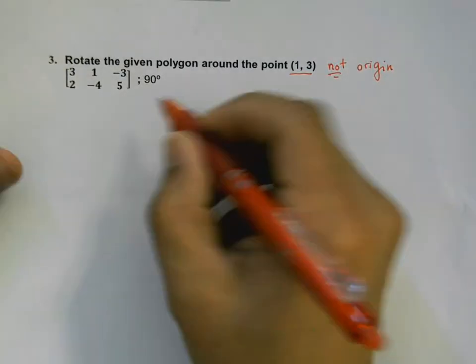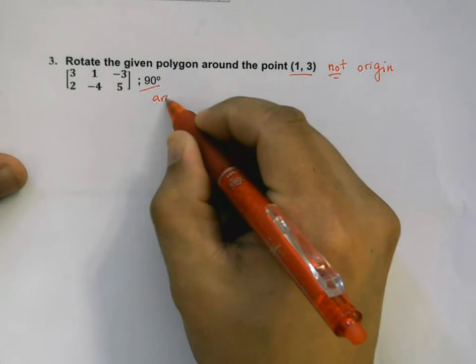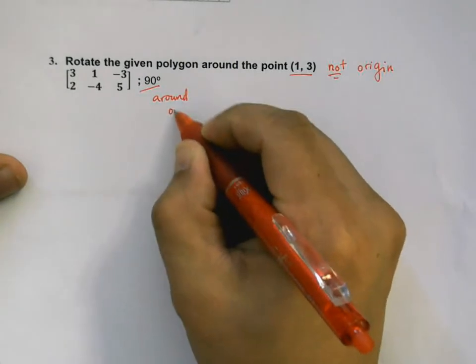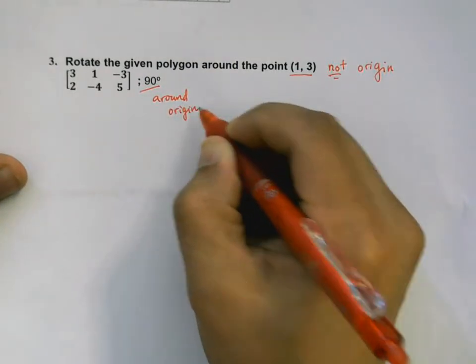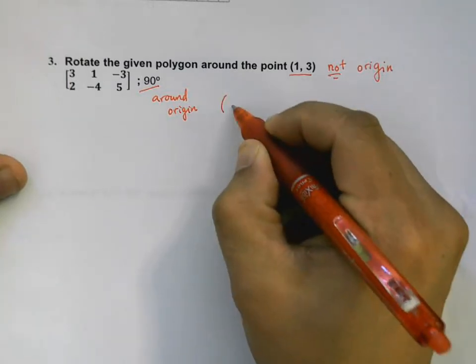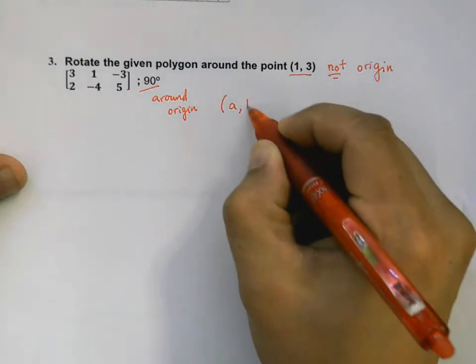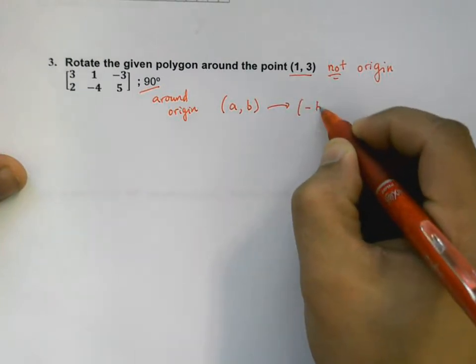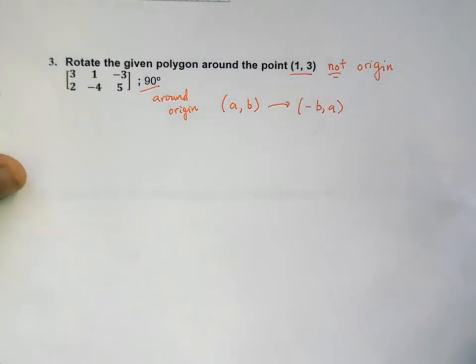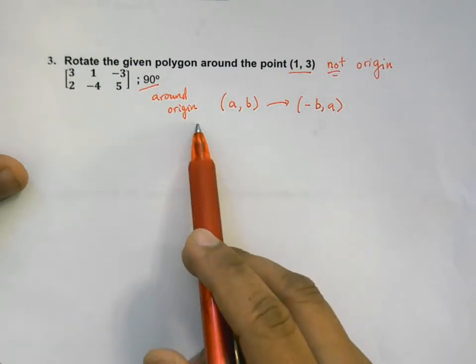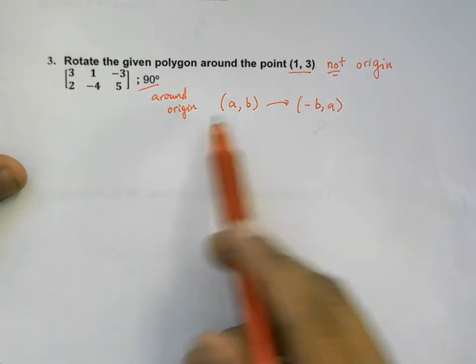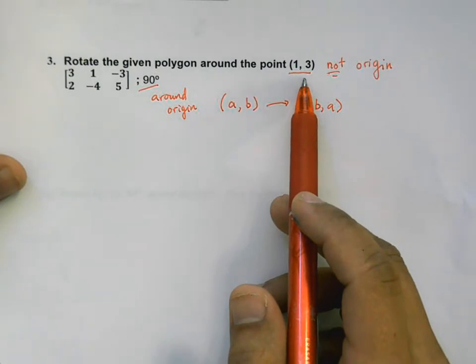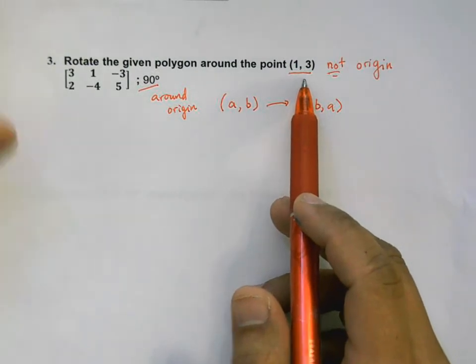So if we rotate 90 around the origin, if we pretend like it was for the origin, then the rule we've talked about in class is quite simple. (a, b) will become (-b, a). But this only applies when we're rotating around the origin.